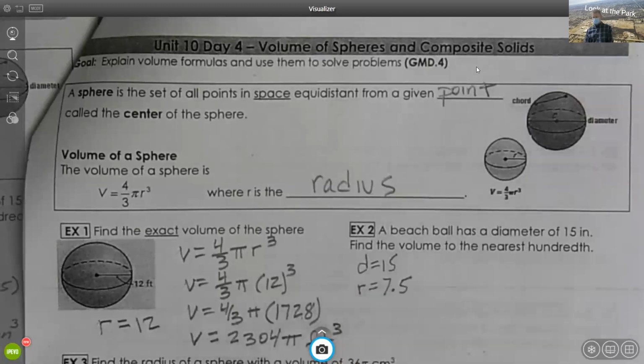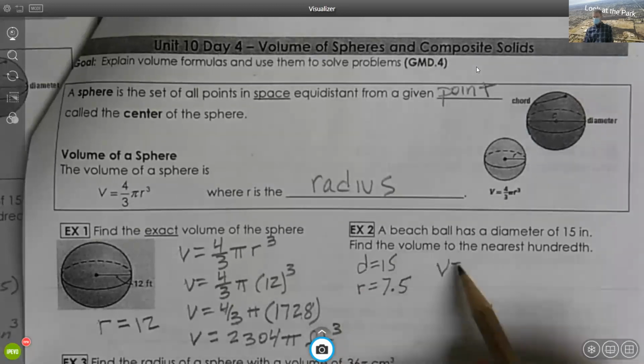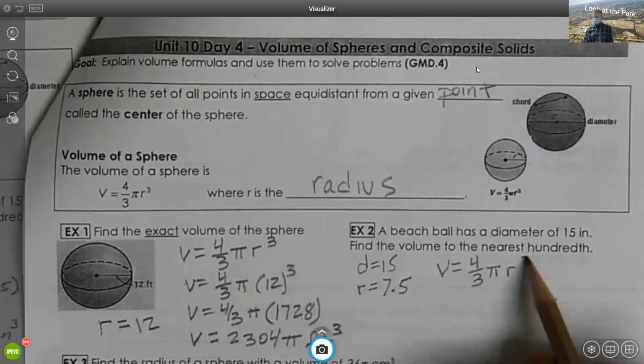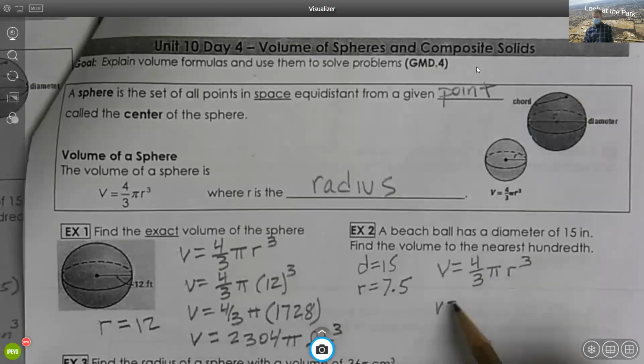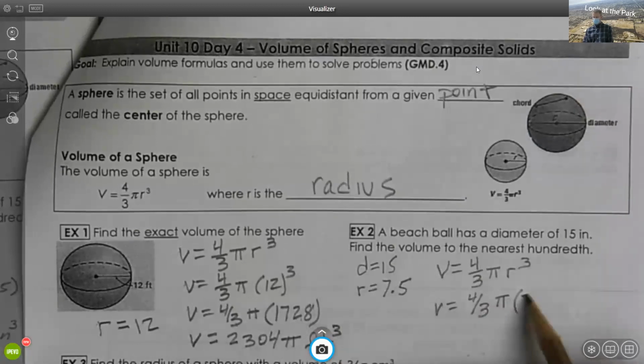Very good, 7.5. So we can go to our volume, 4/3 pi r cubed, and plug in our radius, 7.5 cubed.